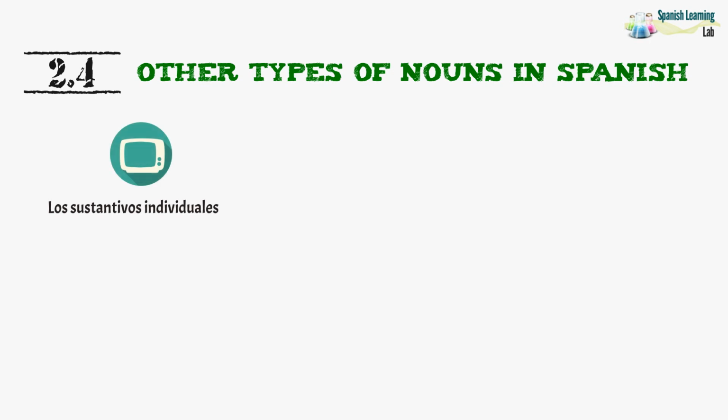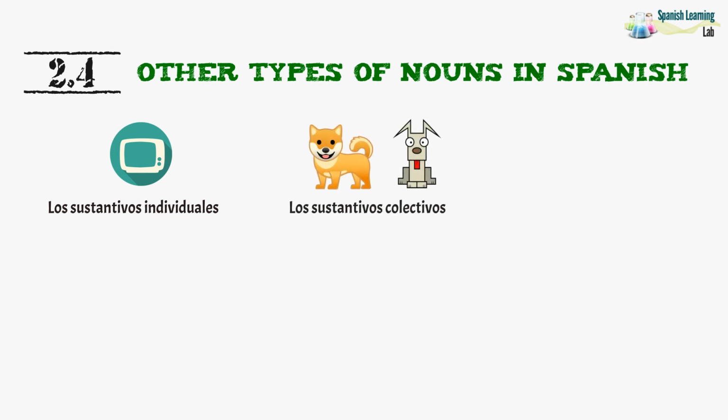Los sustantivos individuales or individual nouns are used to designate unique objects that may be part of a category, such as llave and televisor. Los sustantivos colectivos or collective nouns are used for categories of similar objects, for example, deportes, mamíferos, anfibios.